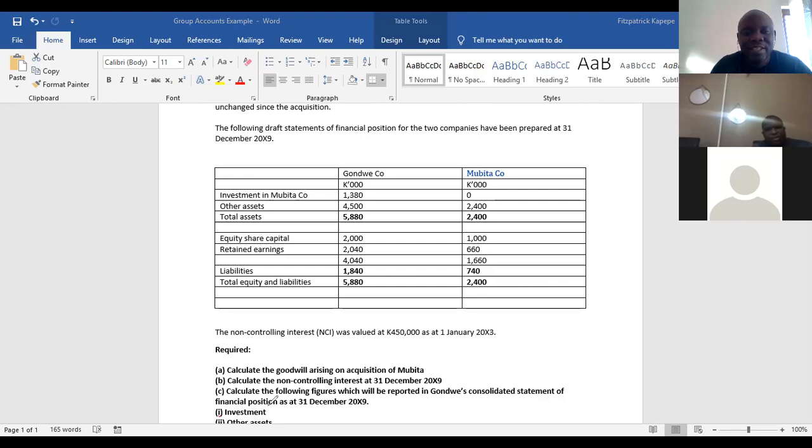Guys, the question is, calculate the following figures, which will be reported in Goodwill's consolidated statement of financial position. At consolidation, if this goes, you will know that this goes. So it will be new.